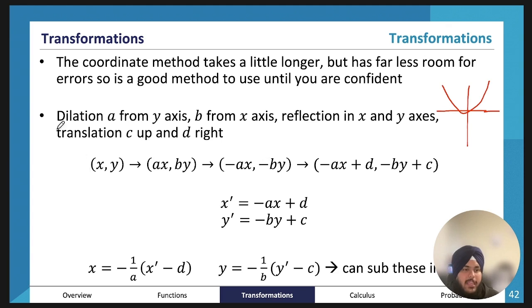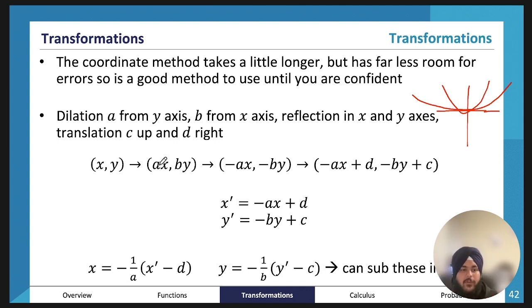For this quadratic, if I have a dilation from the y-axis, which means my graph is being stretched this way or contracted this way, my y values remain the same. It's my x values that are changing at those particular points. Therefore, whatever the dilation factor is, we put it in front of x. Similarly, if it's from the x-axis, then we put it in front of the y. So it's a bit of an opposite effect.